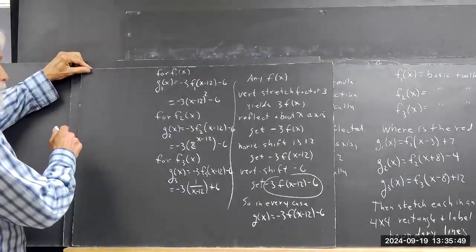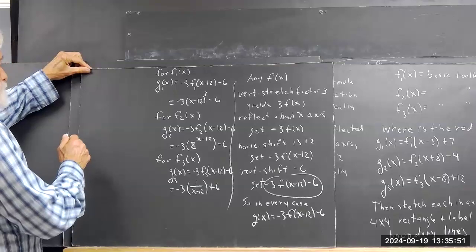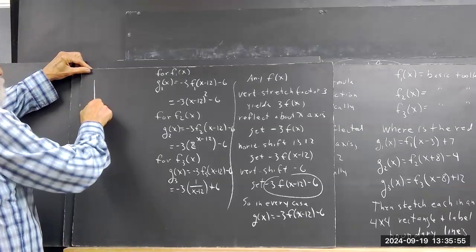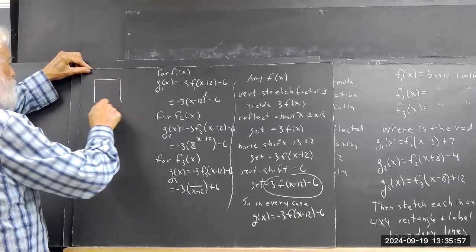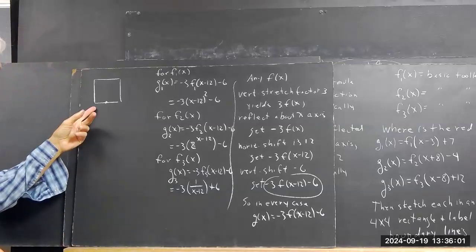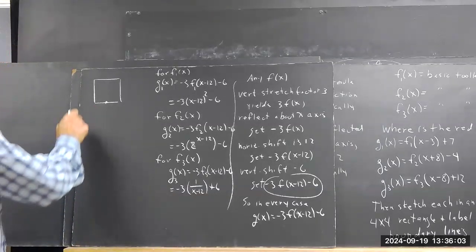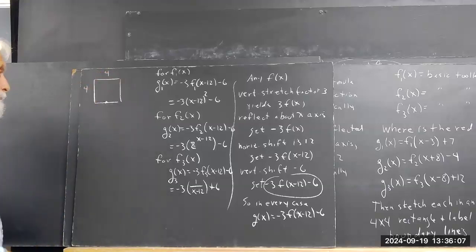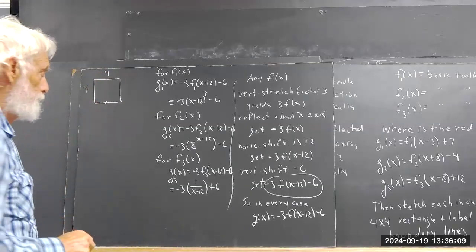Okay. Well, here's your 4 by 4 square. The red dot at the origin.